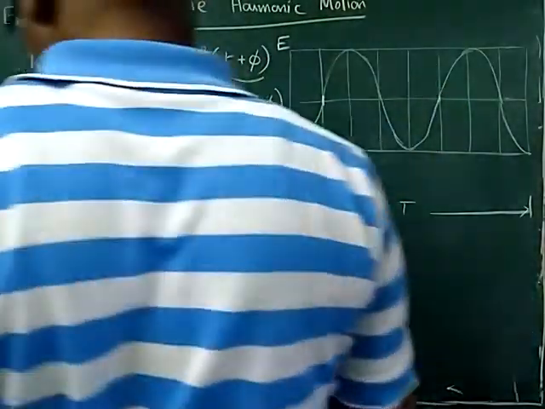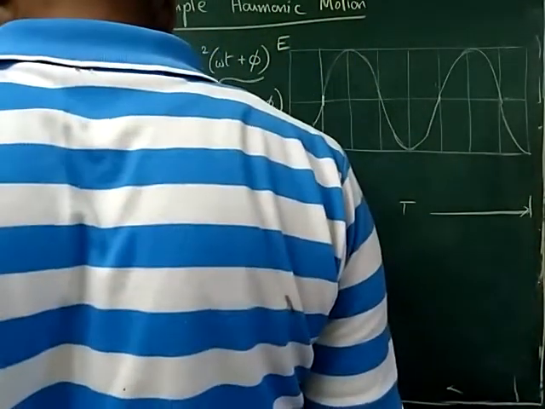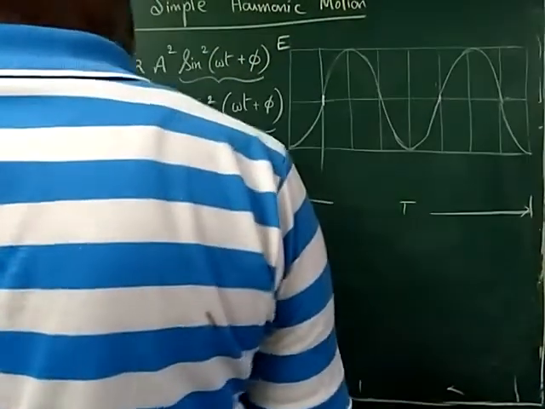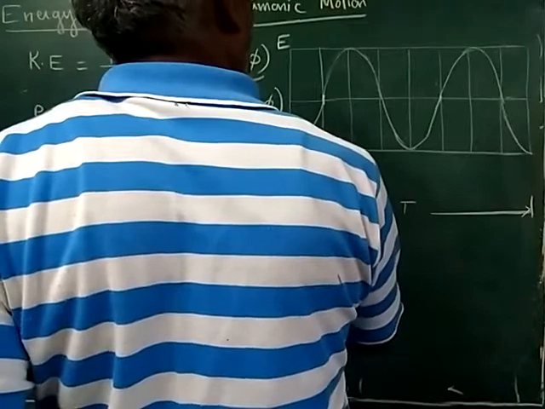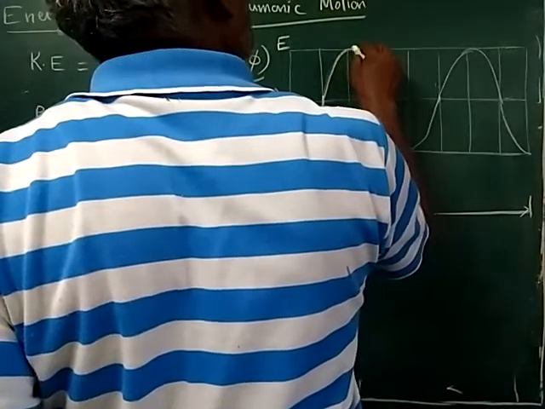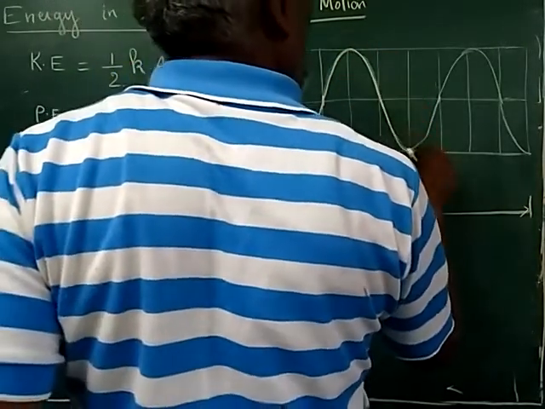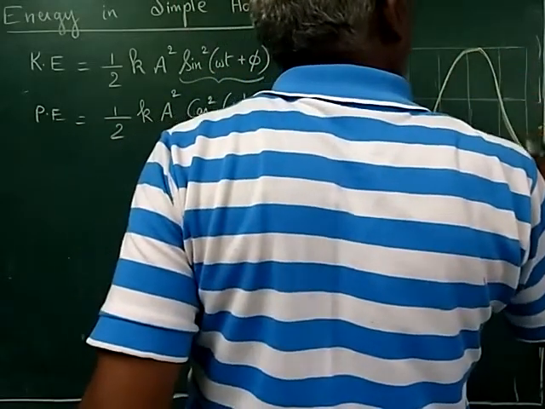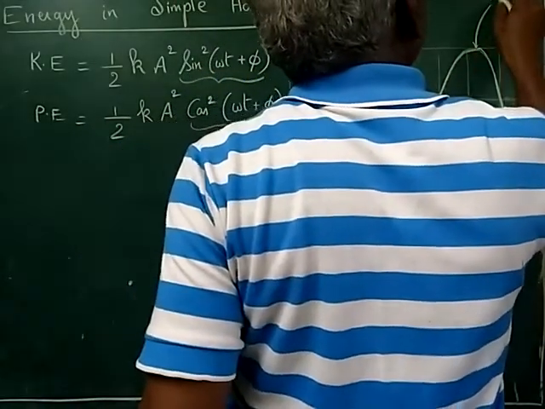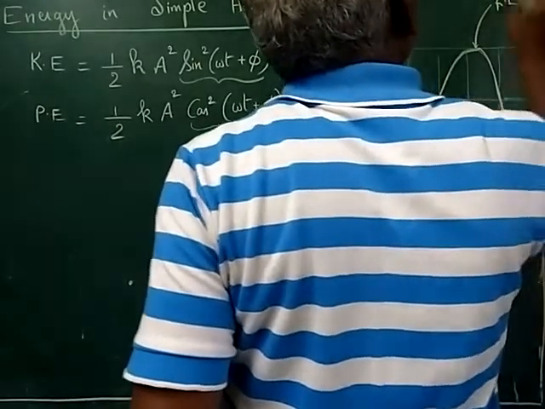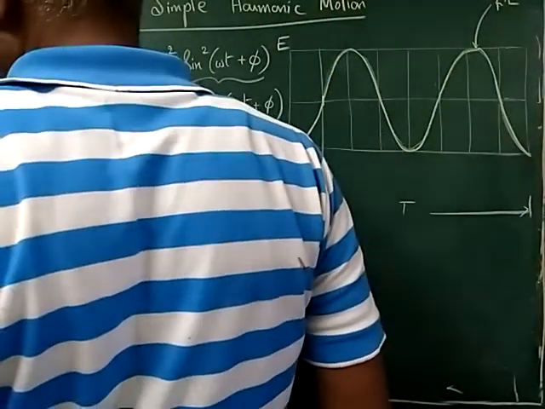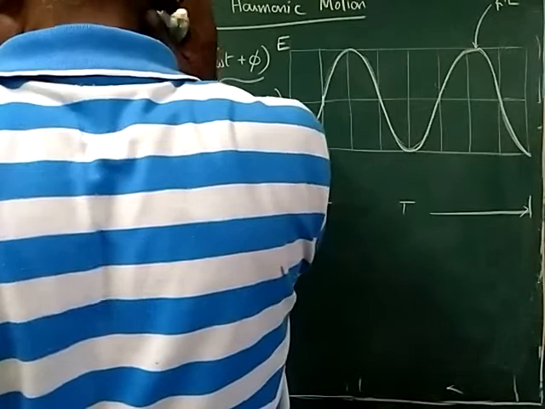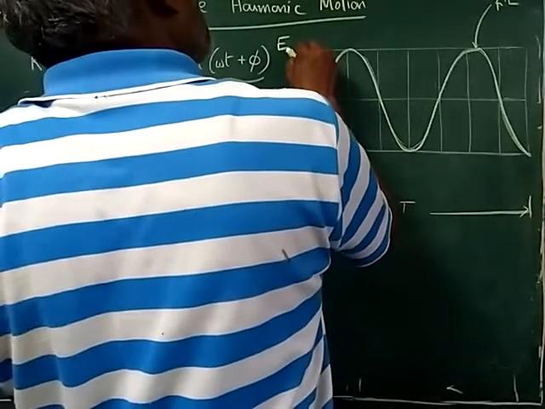So this waveform is kinetic energy. It goes like this. So this is kinetic energy. Next we will draw the potential energy. So potential energy starts from here.